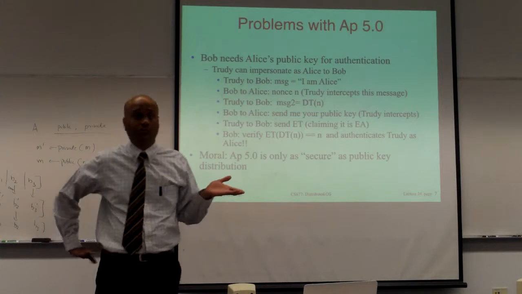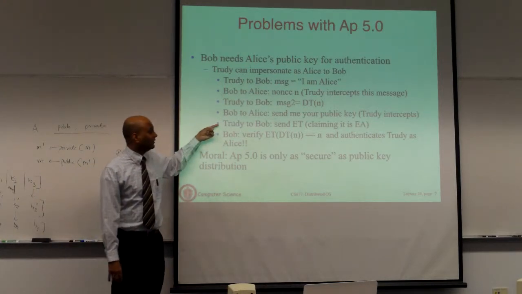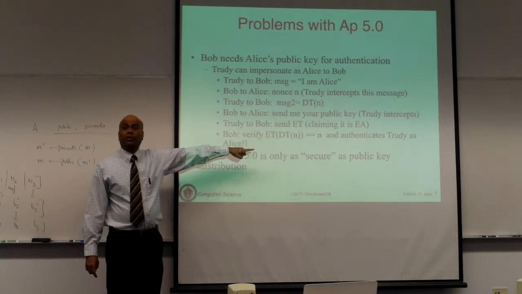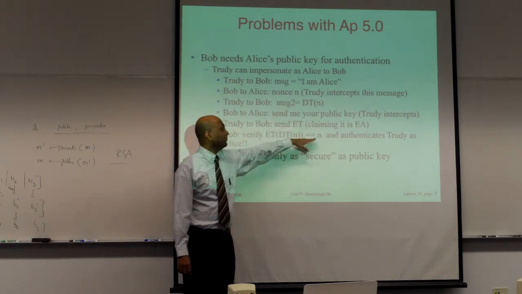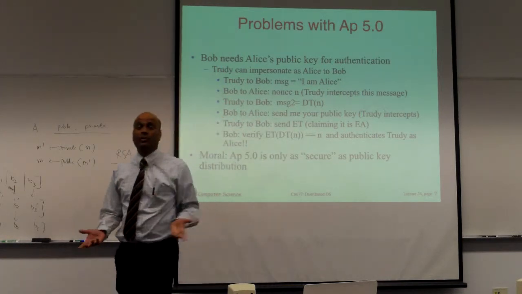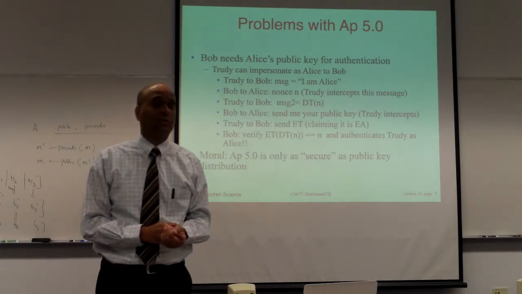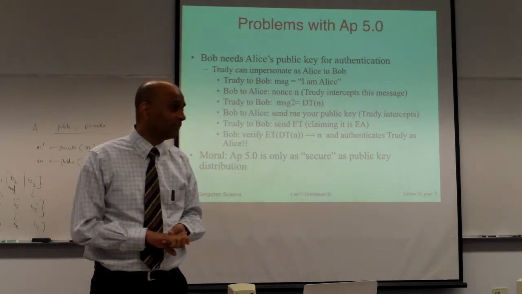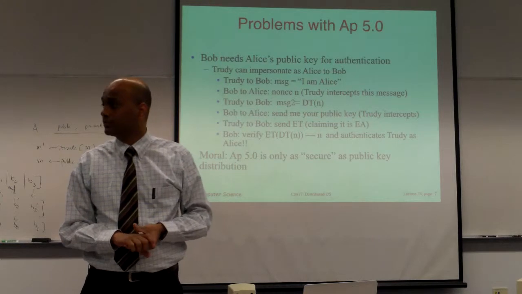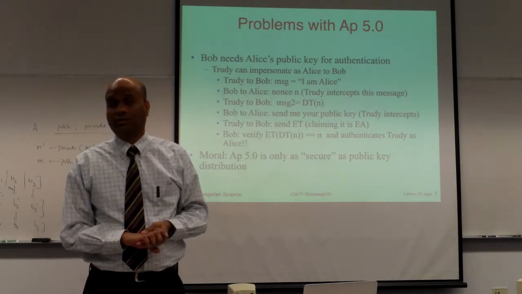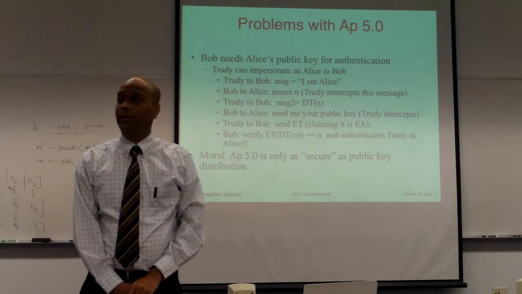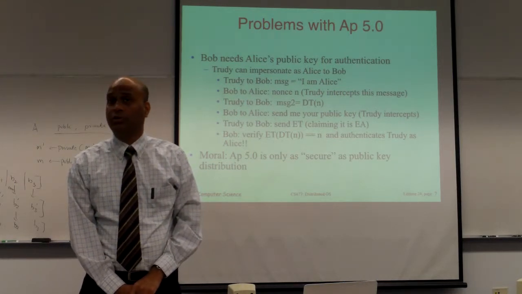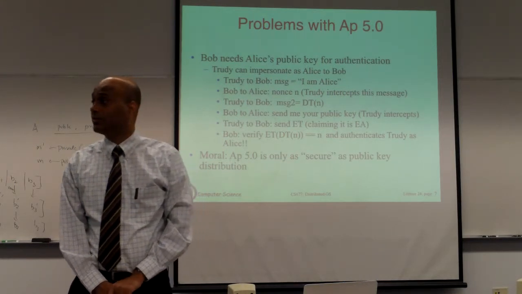Bob doesn't know this, so Bob assumes that that is actually Alice's key, and then you use Trudy's key instead of Alice's key to decrypt that message. The nonce comes back, and you think that Alice has actually sent that message to you. This is also referred to as a man in the middle attack. So it allows you to impersonate others.